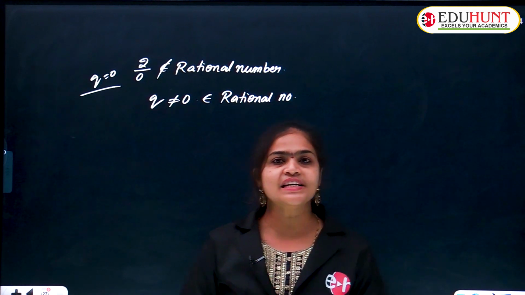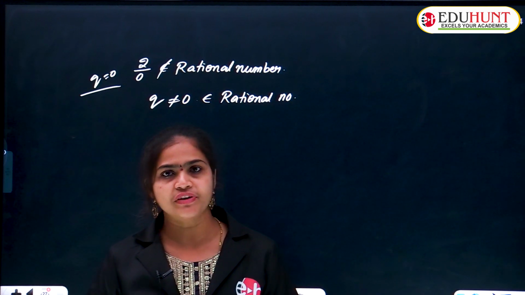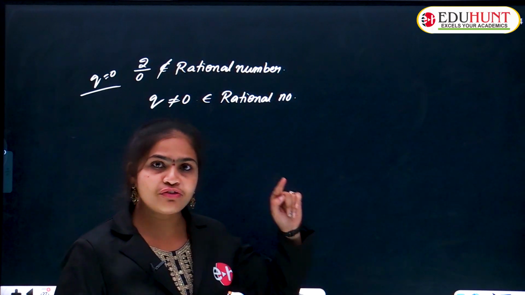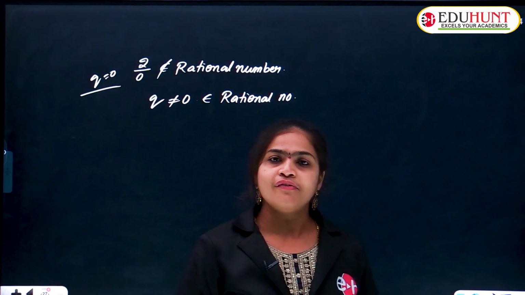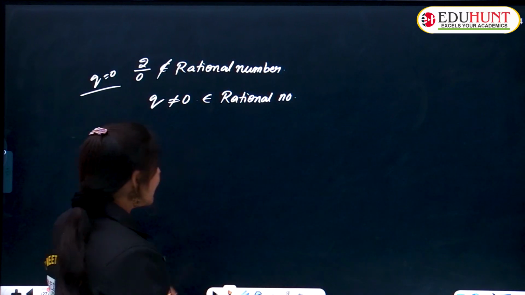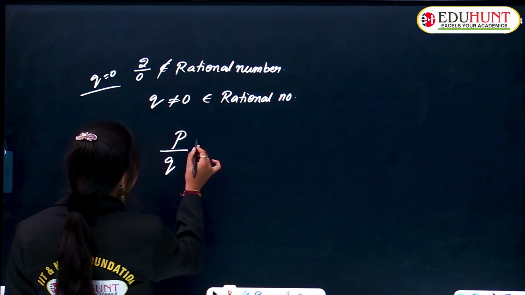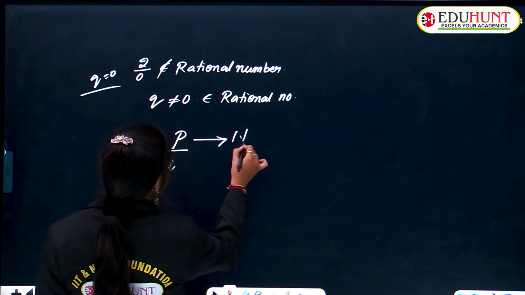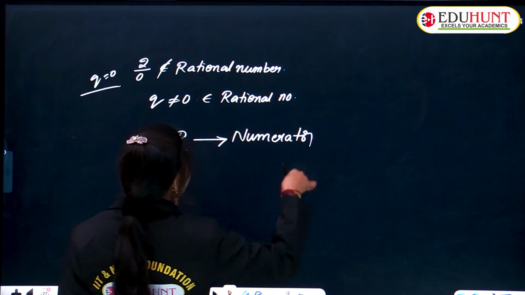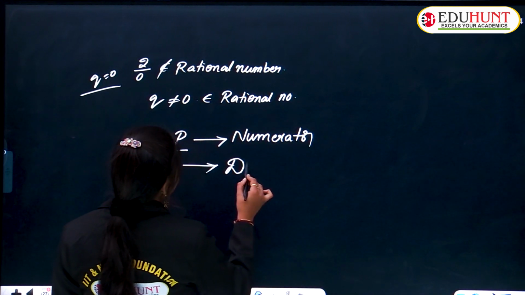Now what is the simplest form of a rational number? Before discussing the simplest form, I am saying P by Q form. Fraction is also in the form of P by Q, right? Now what do we call P and what do we call Q? Here P is the numerator and Q is called the denominator.